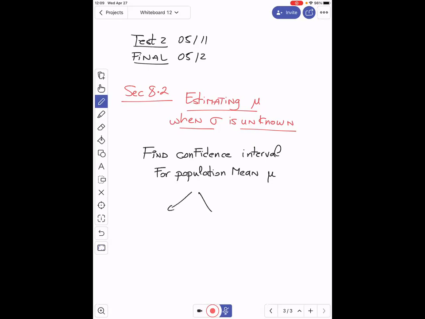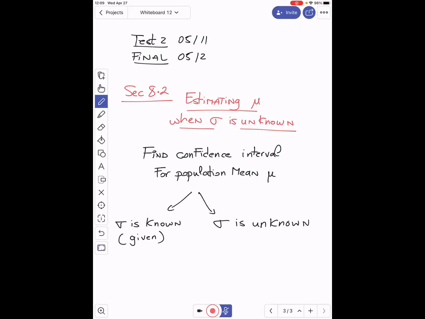There is a case where sigma, the population standard deviation, is known. By known, I mean it's given in the problem. And the second case, of course, is when sigma is unknown. So there are two cases.